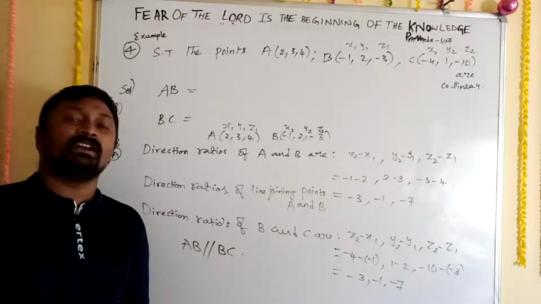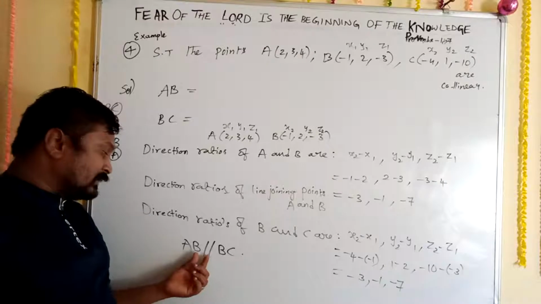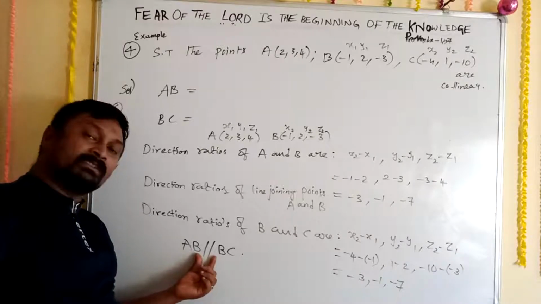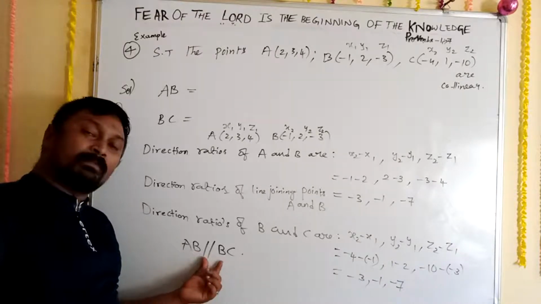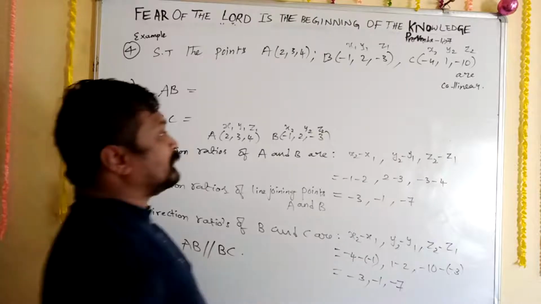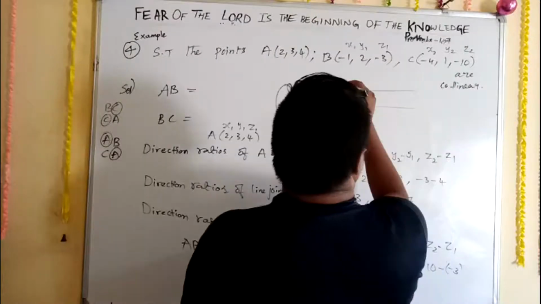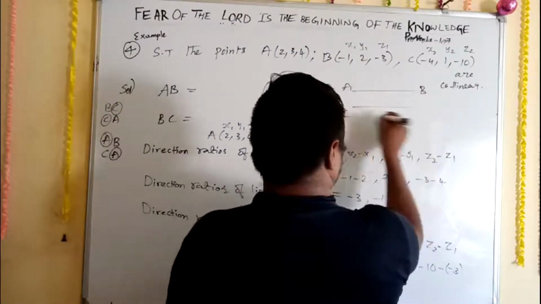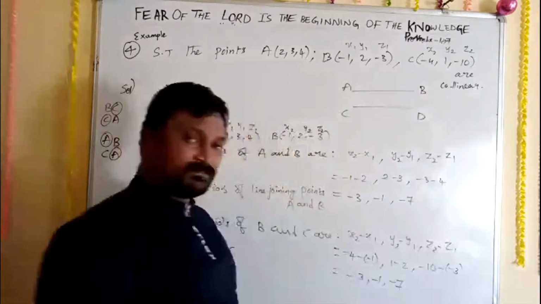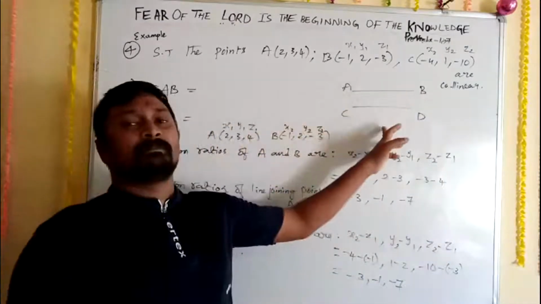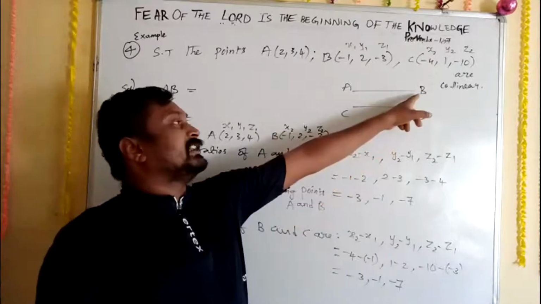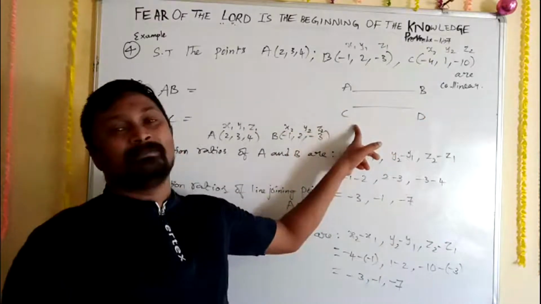AB is parallel to BC. But now you found here B is common. So B is the common point in both. See, if you want any two lines to be parallel, the first one should be AB and the second one should be CD. There is no continuation possible. So if here it is B and here also B, it is highly impossible.